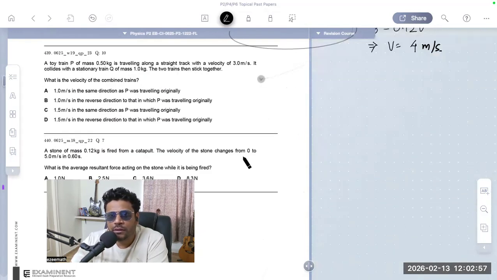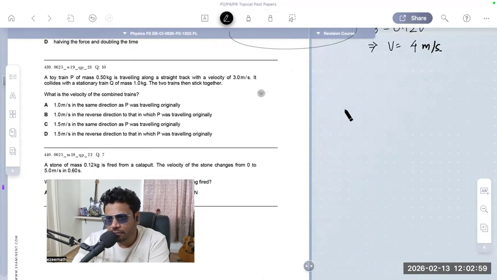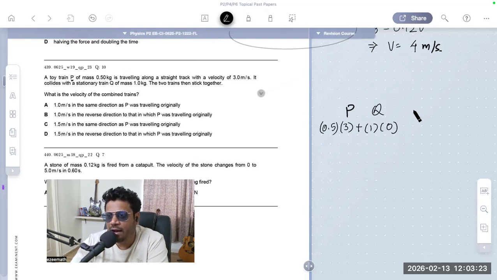Okay, let's do one more. A toy train P, mass 0.5, on a straight track with a velocity of 3, collides with a stationary Q. So P, 0.5 is the mass, 3 is its speed, Q, mass 1 kilogram, stationary right now, and they stick together.